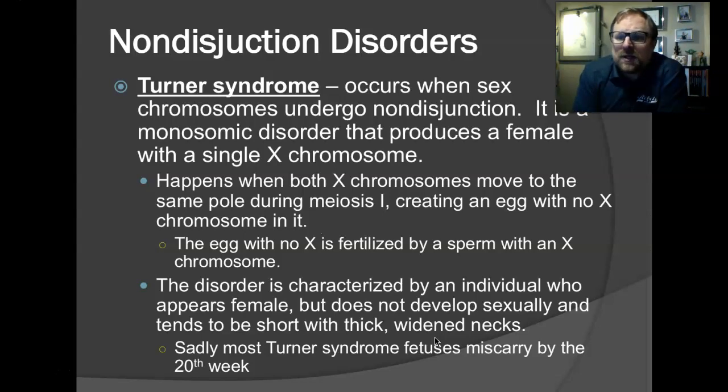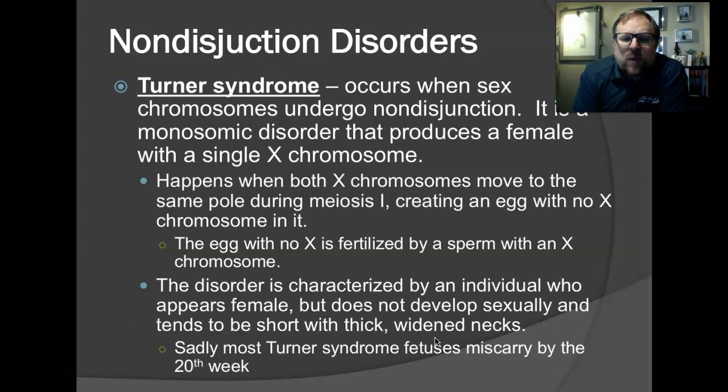These lead to disorders associated with this. I want to just discuss a few of these, and it'd be a good idea for you to have an idea of what each of these disorders are. So Turner syndrome occurs when sex chromosomes undergo nondisjunction. We're talking about our 23rd pair of chromosomes, which are our sex chromosomes. It's a monosomic disorder that produces a female with a single X chromosome.